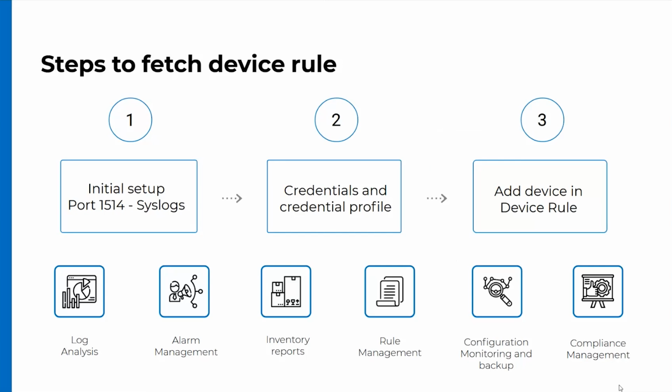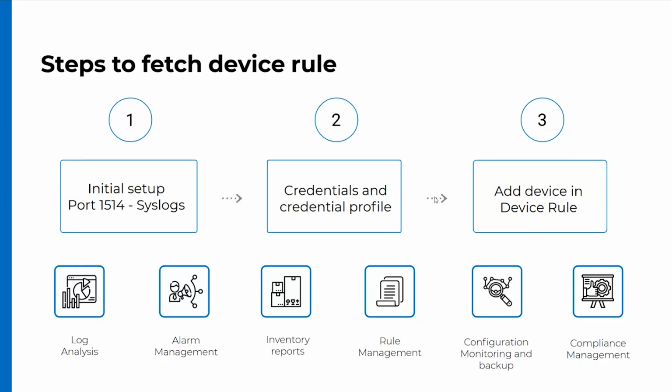The first step is to configure your firewall device to send syslogs to a default listener port, that is the UDP port 1514. So once the logs are received, you can then analyze them and manage alerts using Firewall Analyzer. Step 2 involves creating a credential profile for the firewall device.